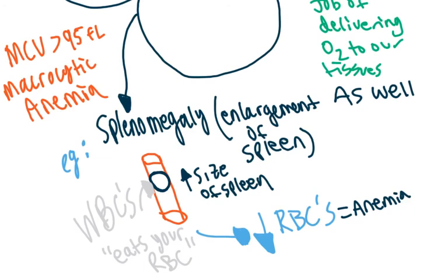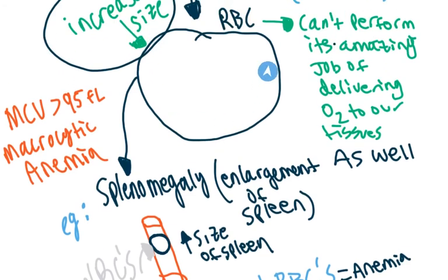All right, and because we have a bigger spherical shape due to the malfunction of our ankyrin and spectrin proteins, we classify hereditary spherocytosis as a macrocytic anemia, because our mean corpuscular volume, which is a way of seeing the size of our red blood cells, is greater than 95 femtoliters. So it's going to be macrocytic anemia.